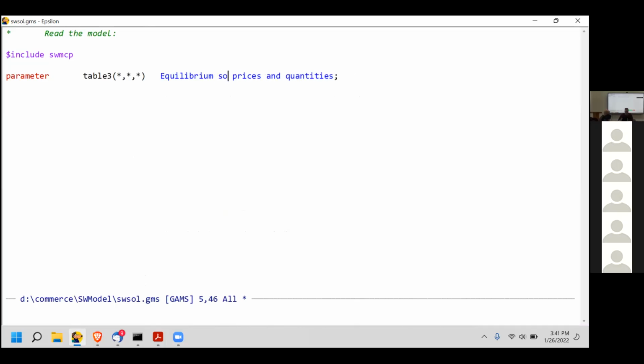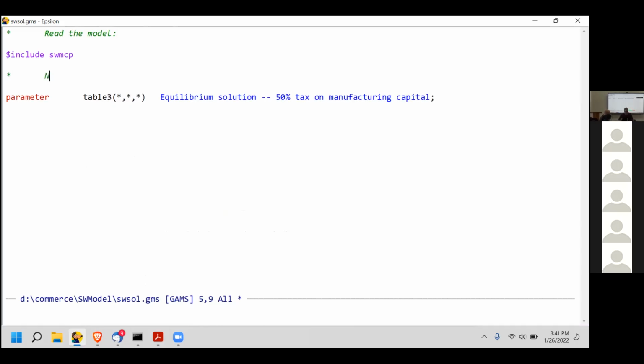Equilibrium solution, 50% tax on manufacturing capital. Okay. So I've given this, and I know that I have to do the solution. Solve the model here with a 50% tax on manufacturing capital.